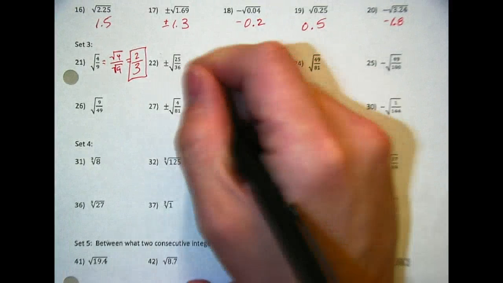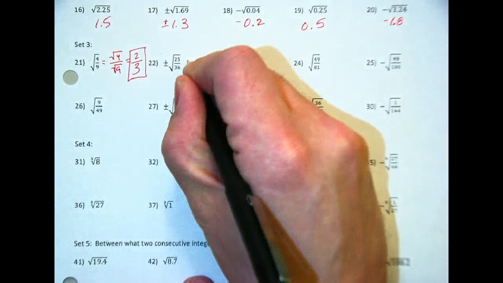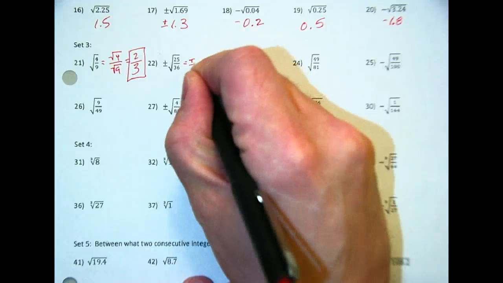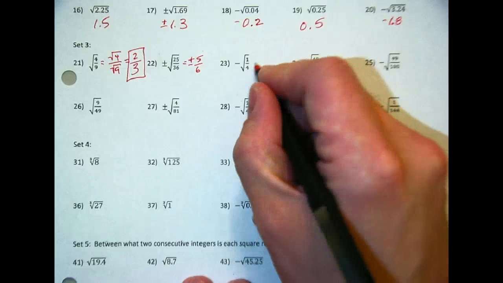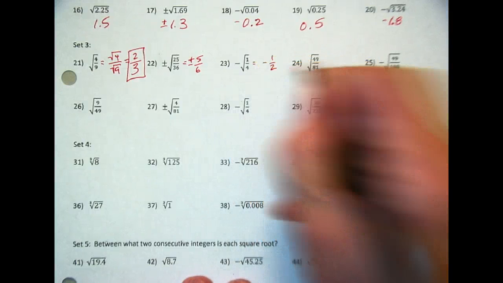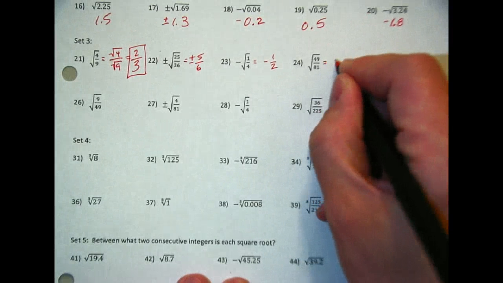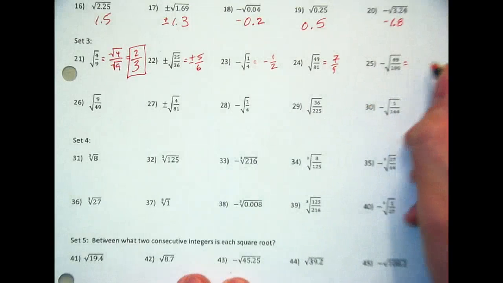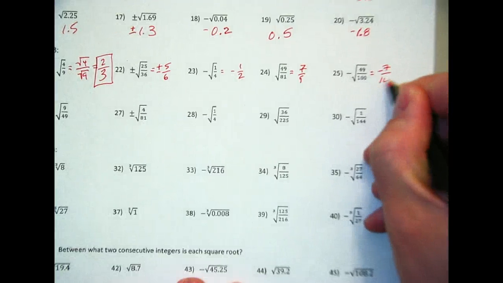Okay, let's see how we did here. Toki, what did you get here? Plus minus 5 over 6. Very good. Audrey, right here? I got -1/6. Good. And Mackenzie? 7/9. And Caden? Good job.